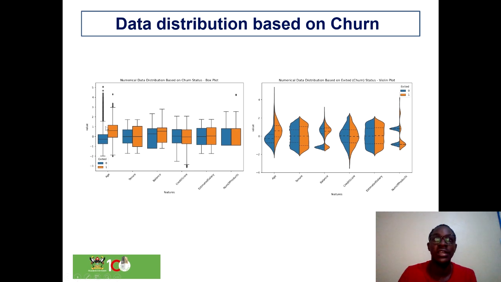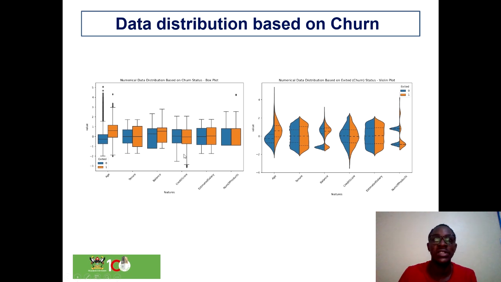So we can see here that now things have changed a bit. Especially for age, we see that there's almost a clear distinction, and we can tell that the people that stay with the bank are either much younger or much older. So most of the people within the middle age group actually leave the bank. So this is some important information to pick.